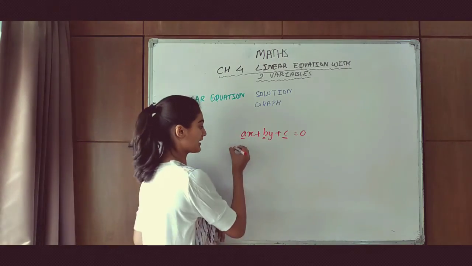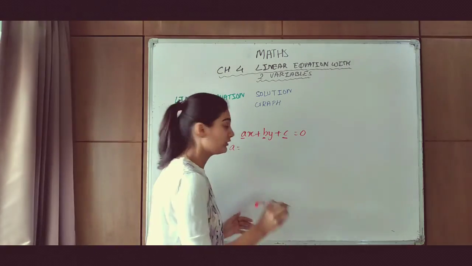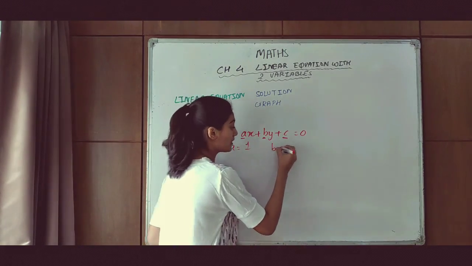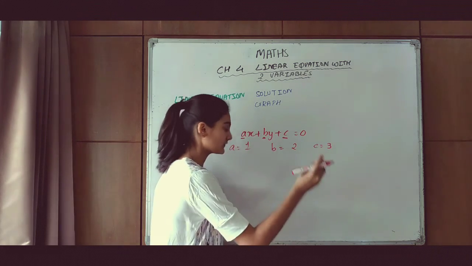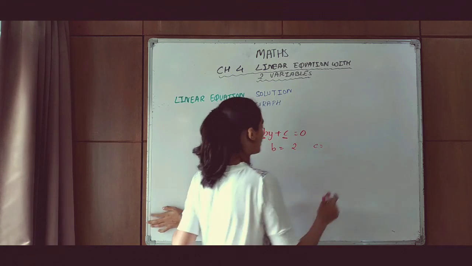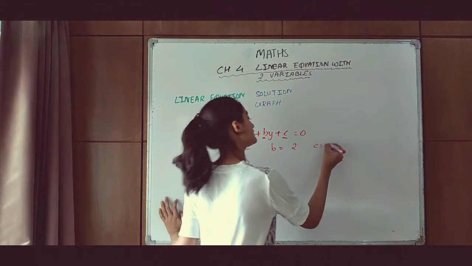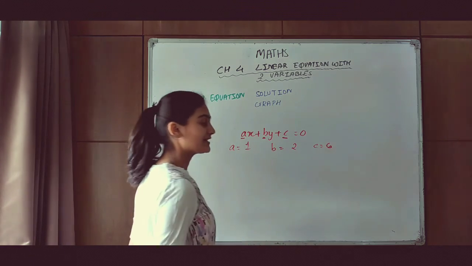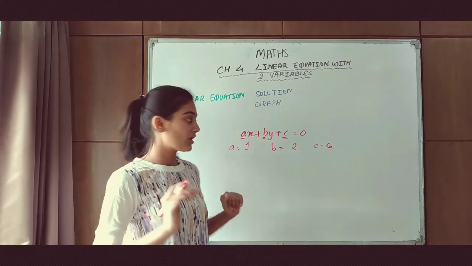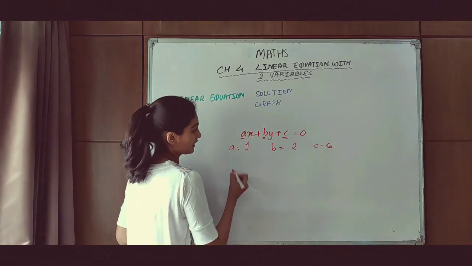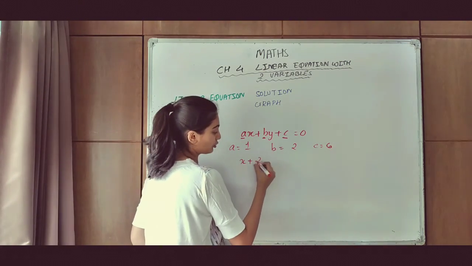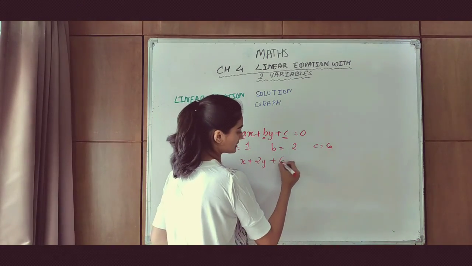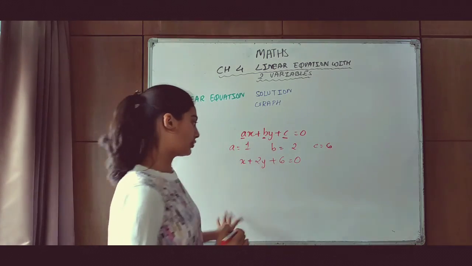So let's take, for example, a is equal to 1, b is equal to 2 and c is equal to 6. So this will be x plus 2y plus 6 is equal to 0.